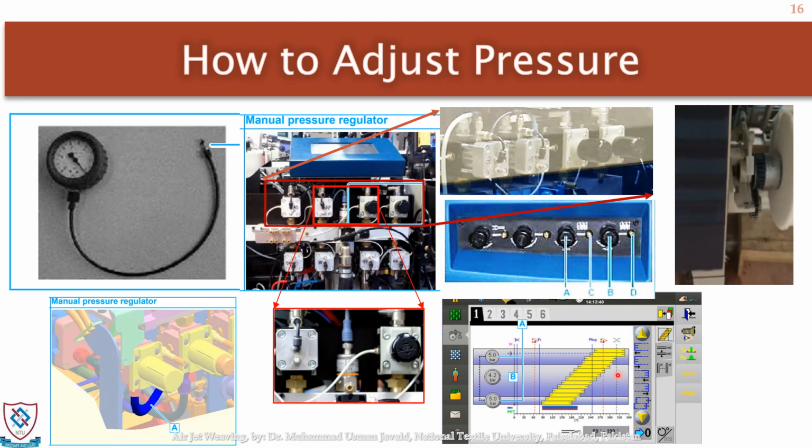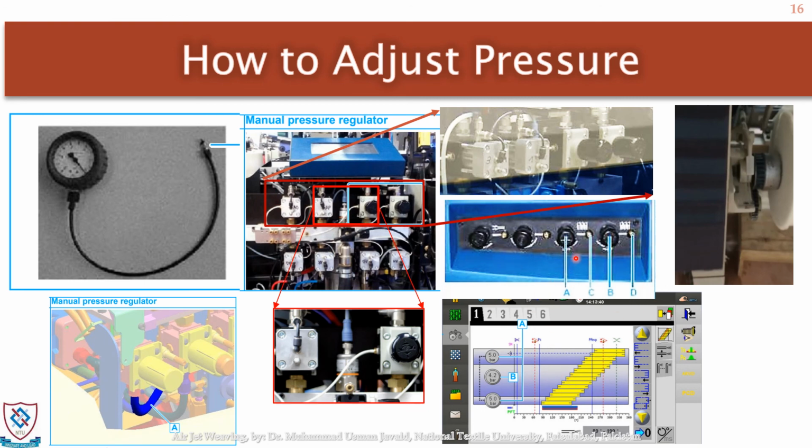We want to ensure that our valve is ready constantly on time before the shed closure. And that's how, with the combination of these regulators, adjustment of the pressure, and then adjustment of the timing, we can adjust the pressure of the machine.